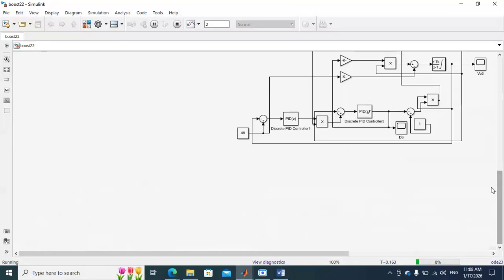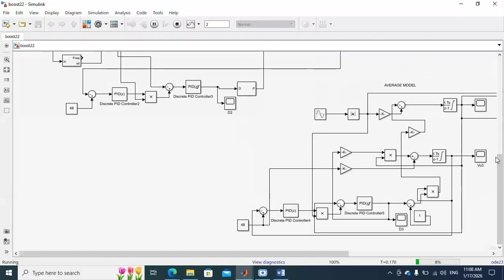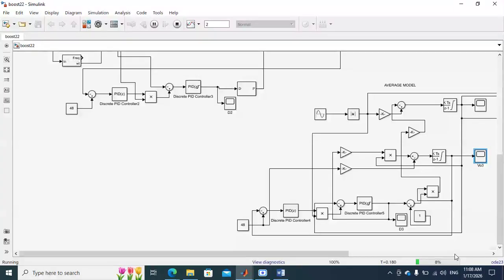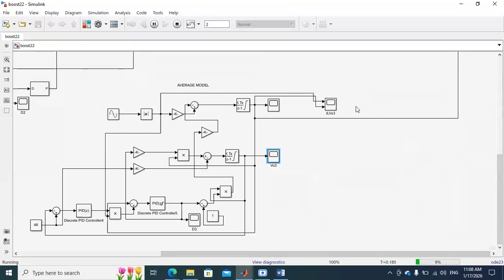And then the average model, this is the output voltage. Here also, the output voltage is settling at 40. So the average model with the PID controller is not settling at the reference voltage.